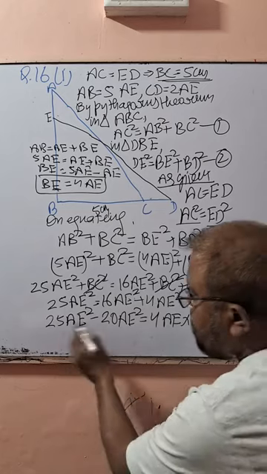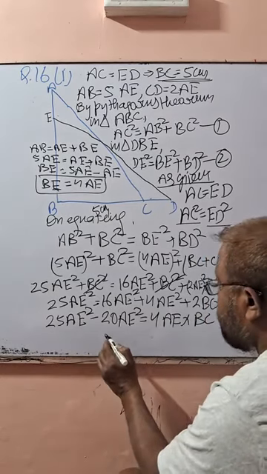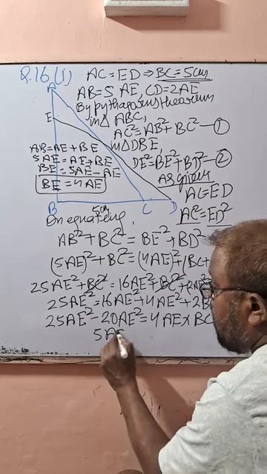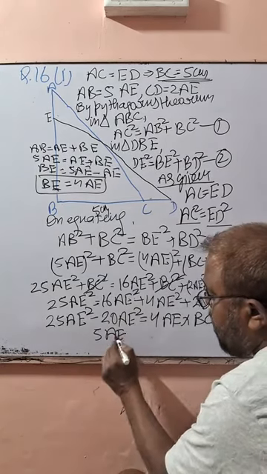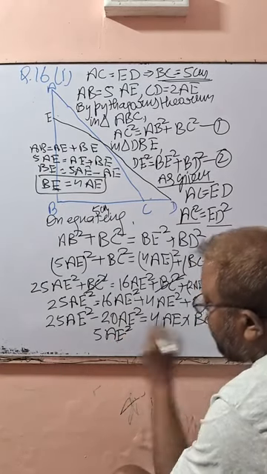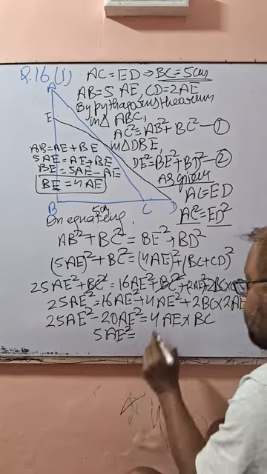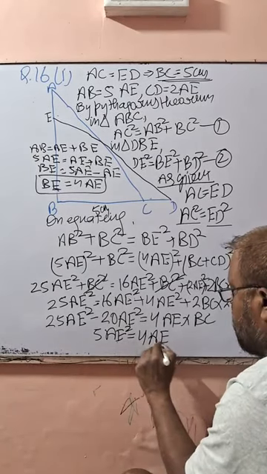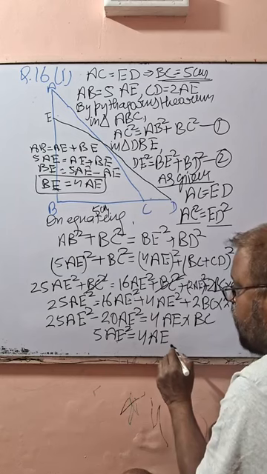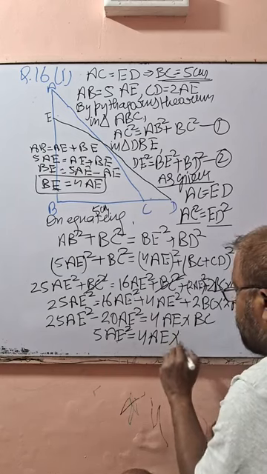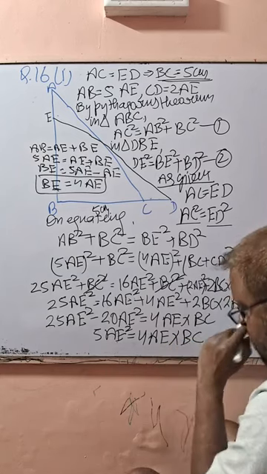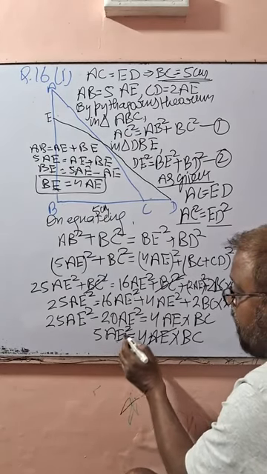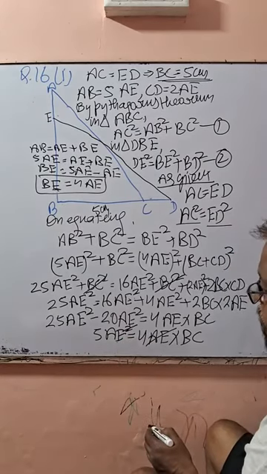So this is how we have 5 AE square is equal to 4AE into BC. So this AE and this AE is gone.